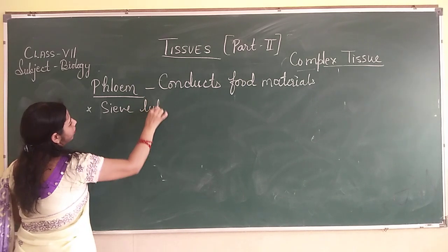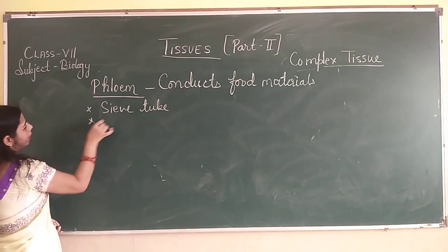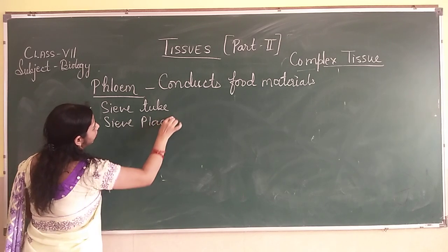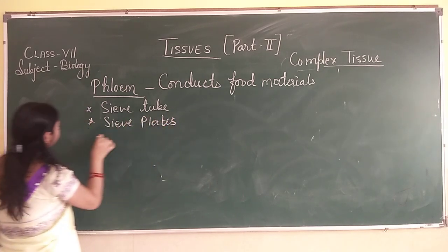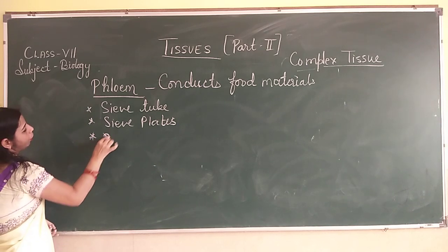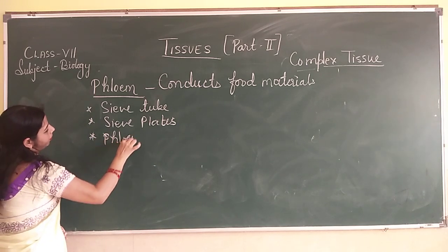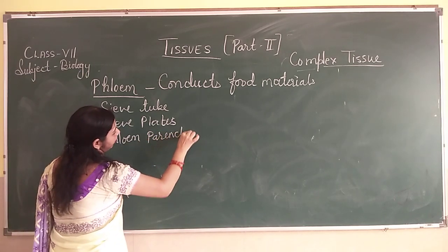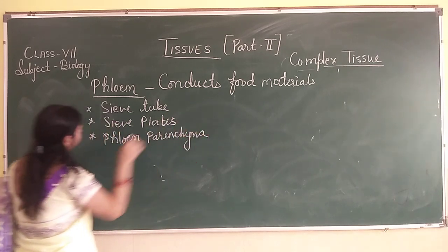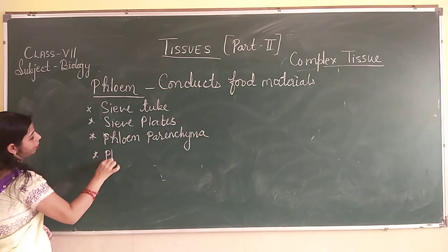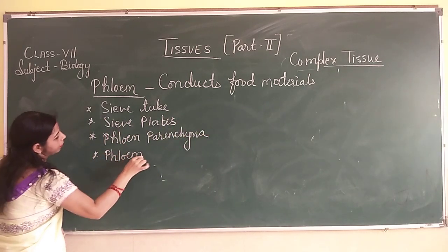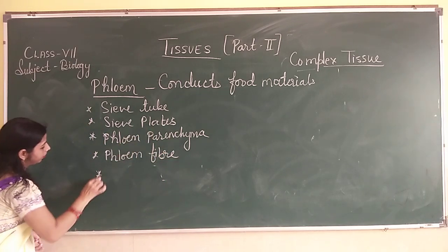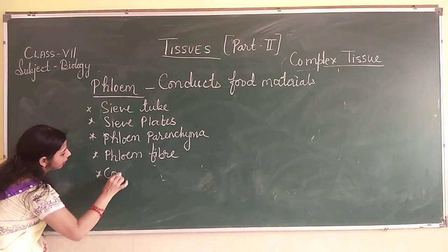The cells are sieve tube, sieve plates, phloem parenchyma, phloem fiber, and the companion cells.